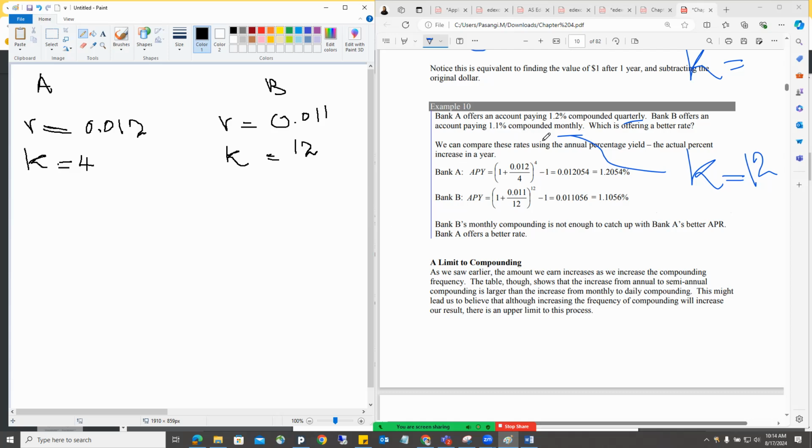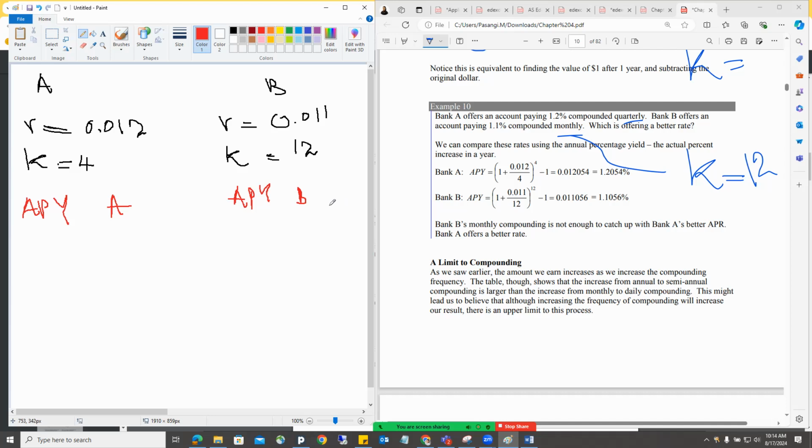We can compare these rates using annual percentage yield. For these kinds of questions, we have to calculate the annual percentage yield for bank A as well as for bank B. And then what would be the best one?